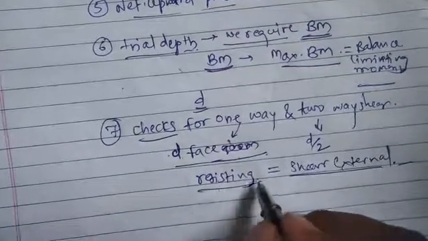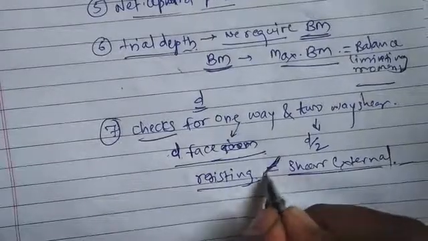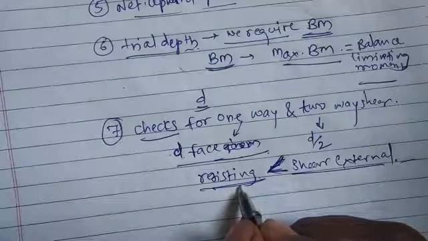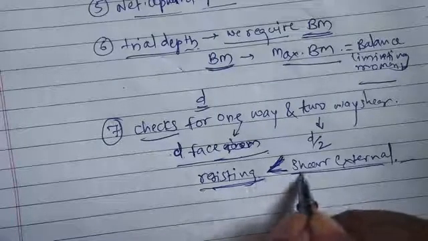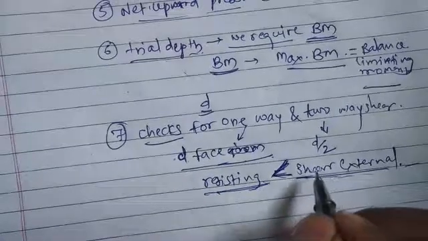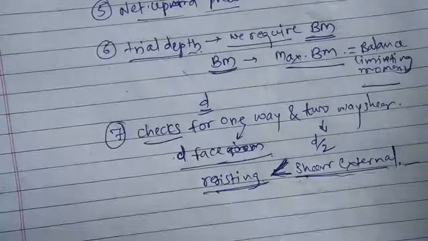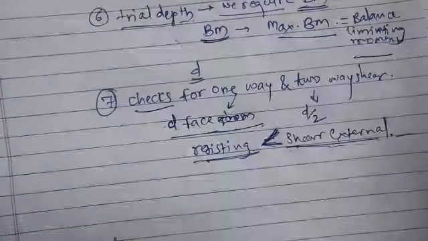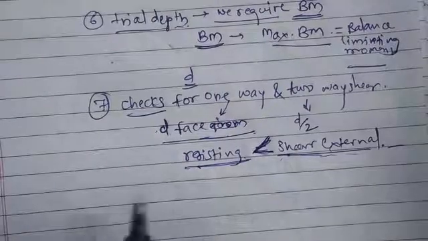If the shear stress due to external loading exceeds the resisting power of concrete, then in this case we have to provide some extra shear reinforcement for the excess shear stress. So this care has to be taken.